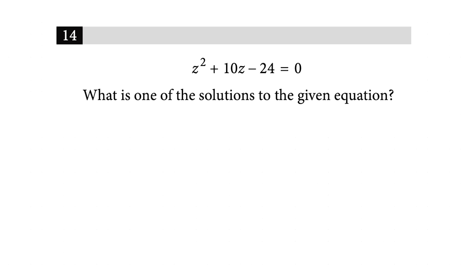For example, I'm going to use x. Let me use the thicker one. It's going to be x squared plus x, let's say, minus 6 is equal to 0.